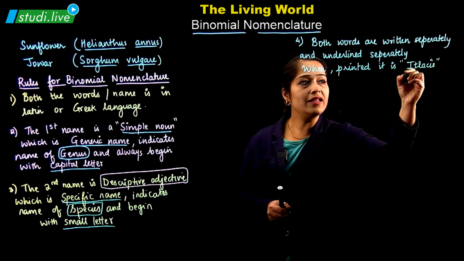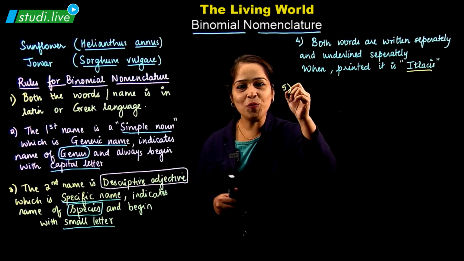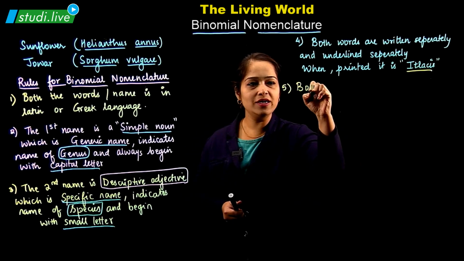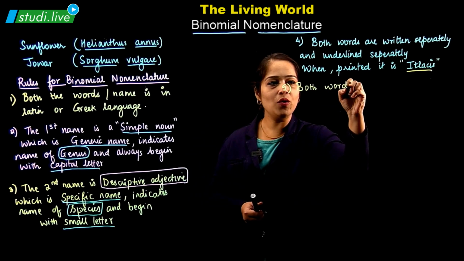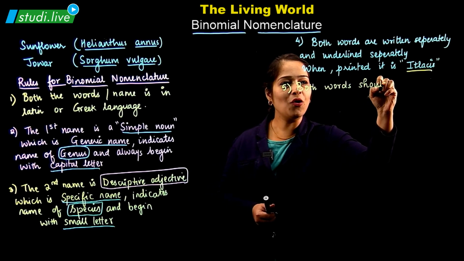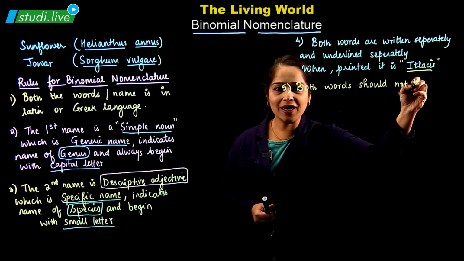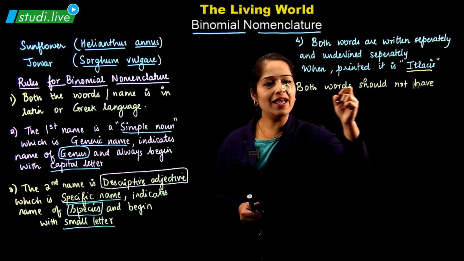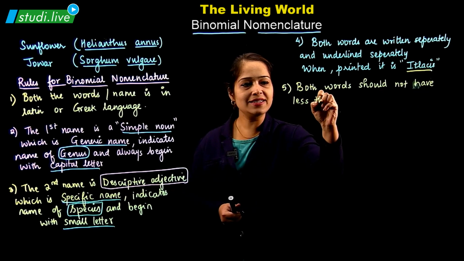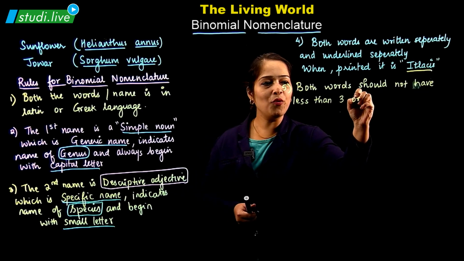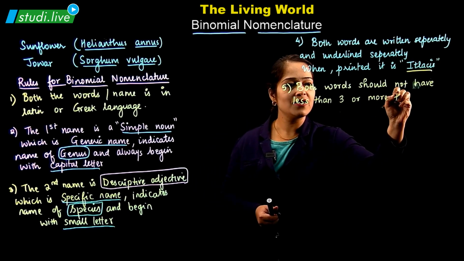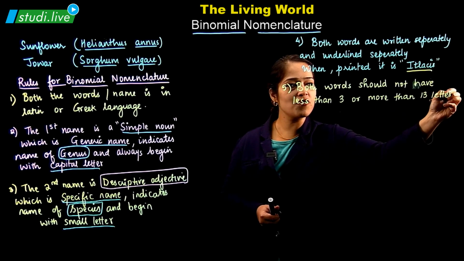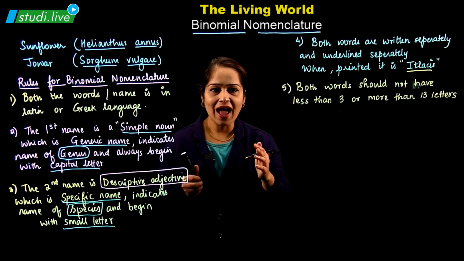Now the number of alphabets gives us the fifth rule. Both words individually should not have less than 3 or more than 13 letters, meaning the number of letters should be between 3 and 13.